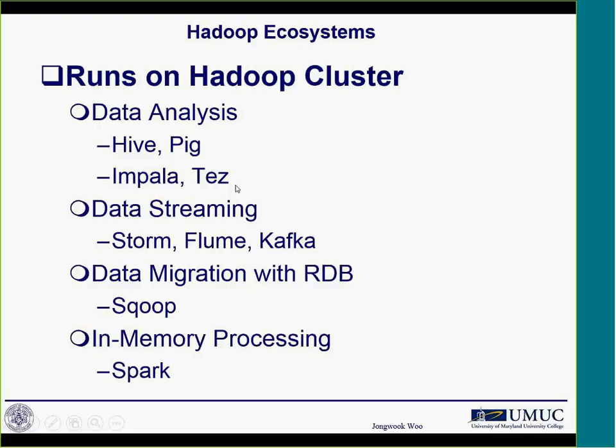Also, to process streaming data such as log files or IoT data, Storm, Flume, and Kafka have been popular. And these days, Kafka and Storm are more popular. And for exchanging data between RDB and the Hadoop file system, Sqoop has been popular. And for in-memory processing, Spark is the way to go.